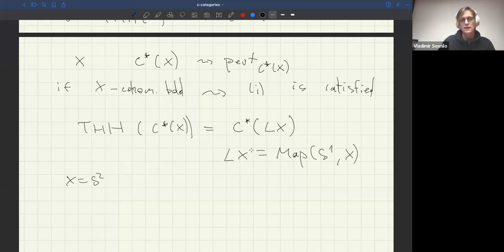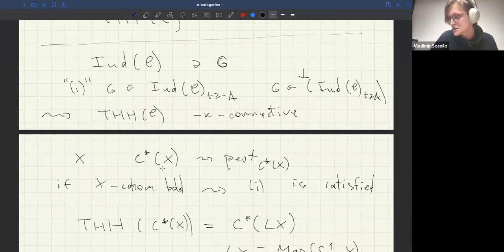This is unbounded homologically. So this already gives you some interesting examples.